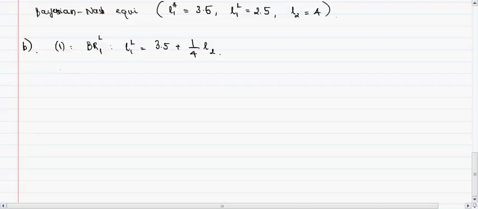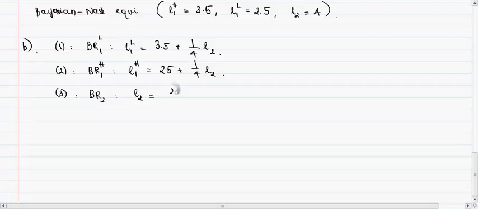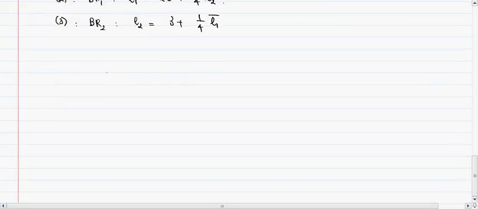From the second equation, the best response function for player 1 given that he's having a high cost is L1H equal to 2.5 plus a quarter L2. And from the third equation, the best response function for player 2 is L2 equal to 3 plus a quarter of L1 average. So we would like to draw that on a diagram.